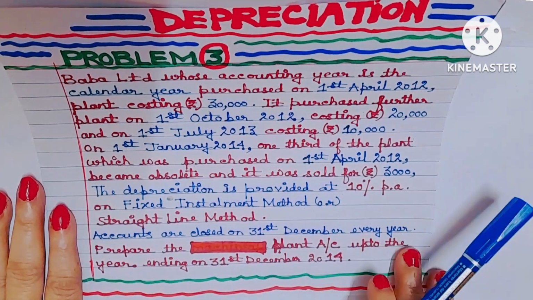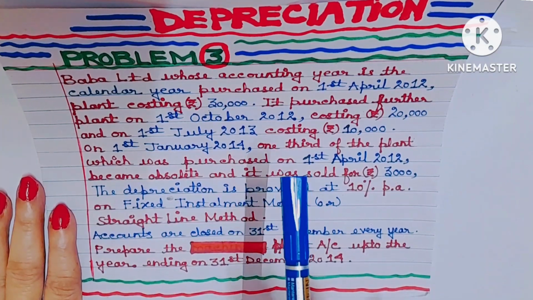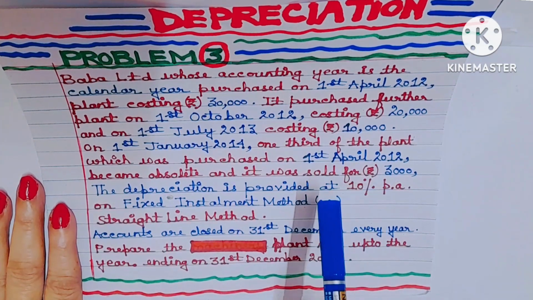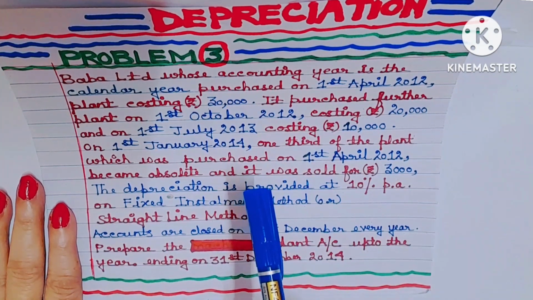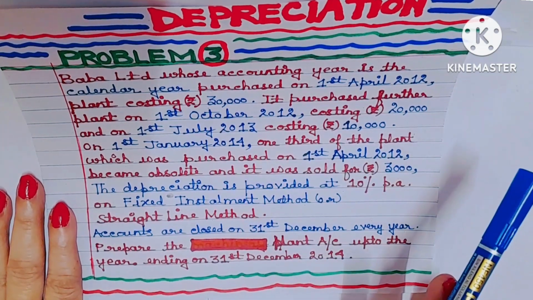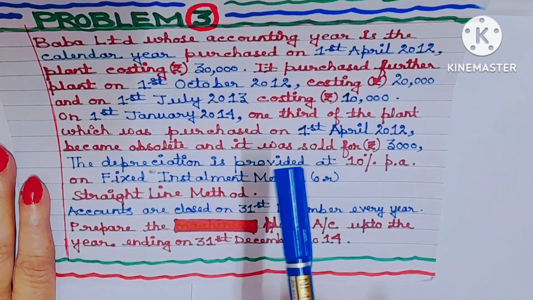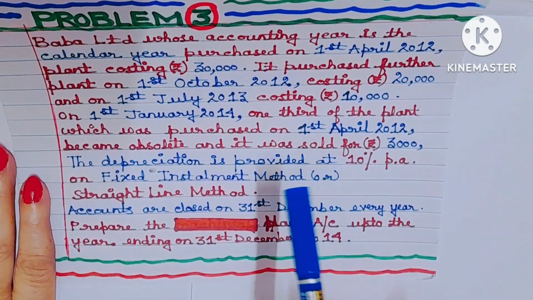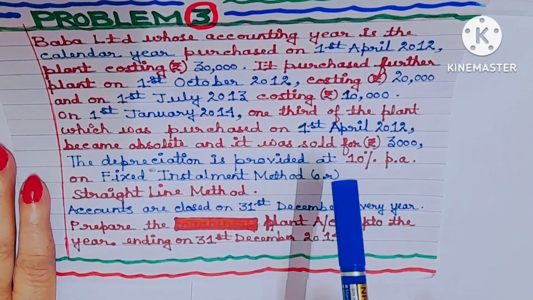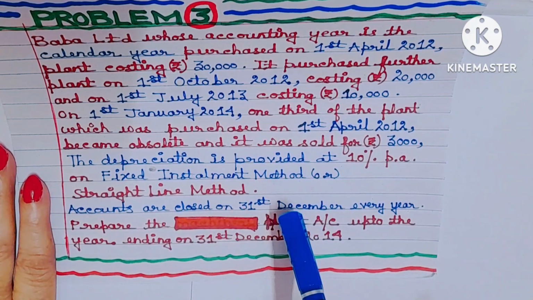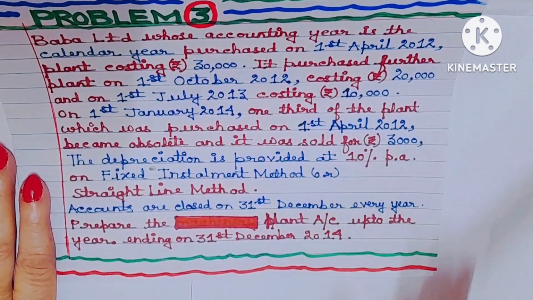Understood? So, Baba Limited follows the calendar year, that is starting from 1st January to 31st December. If Baba Limited had followed the financial year, then the financial year starts from 1st April of this year to 31st March next year.